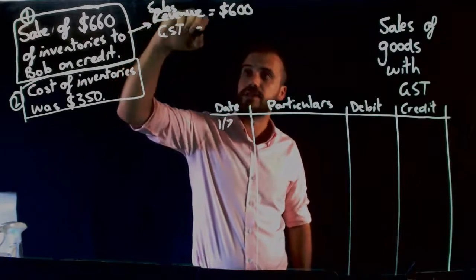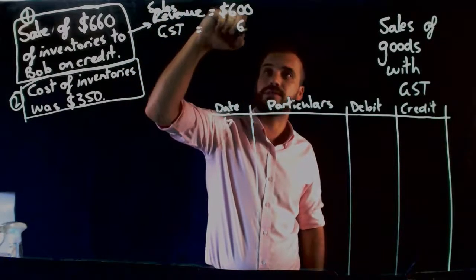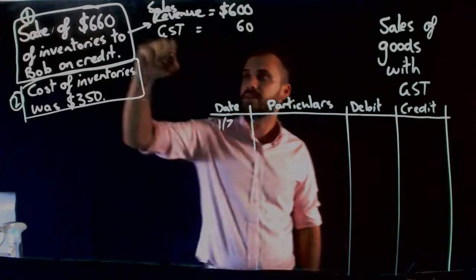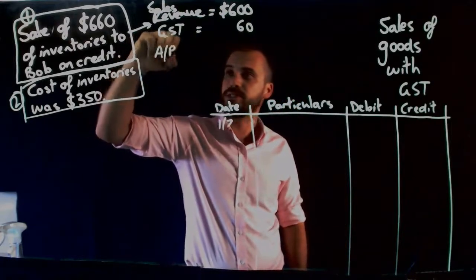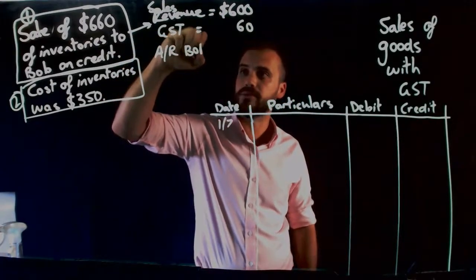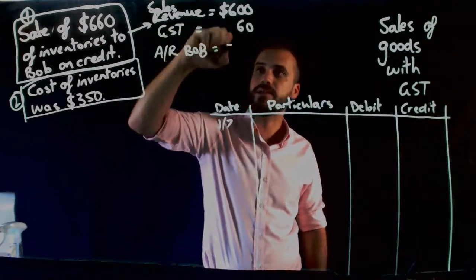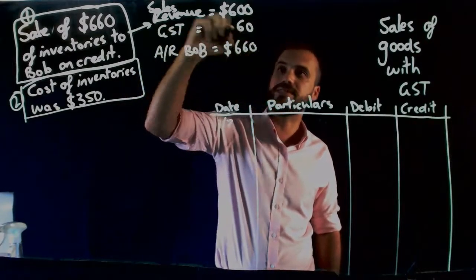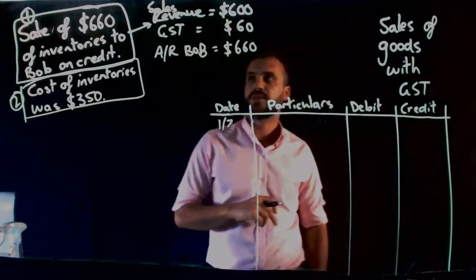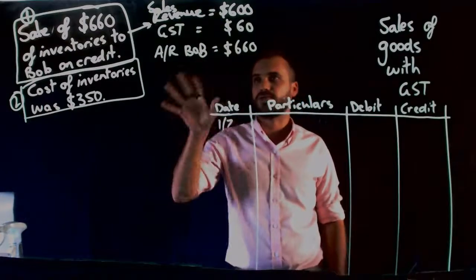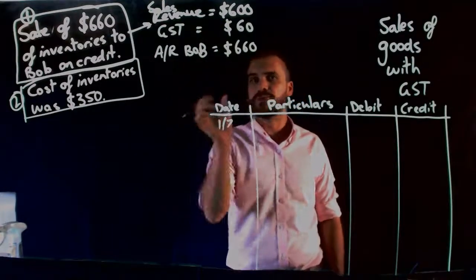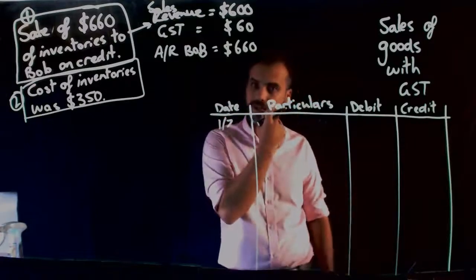There's a GST, that's equal to $60. And there's an accounts receivable from Bob, and that's equal to $660. Okay, so sales revenue of 600, GST of 60, accounts receivable to Bob of 660.